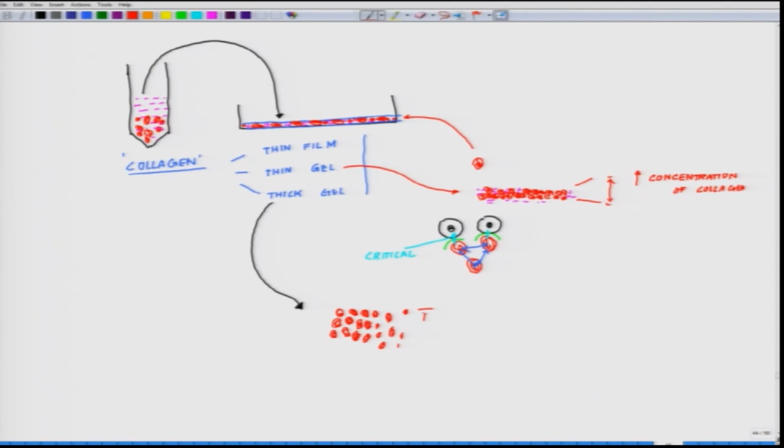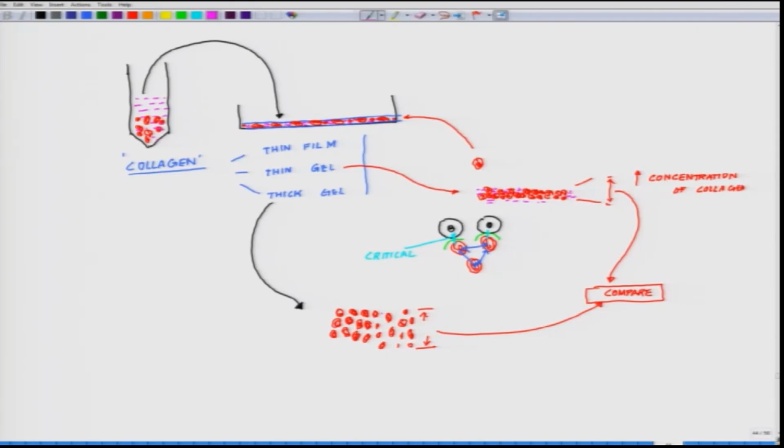So if you compare these two pictures, what you will observe is the thickness has gone up.